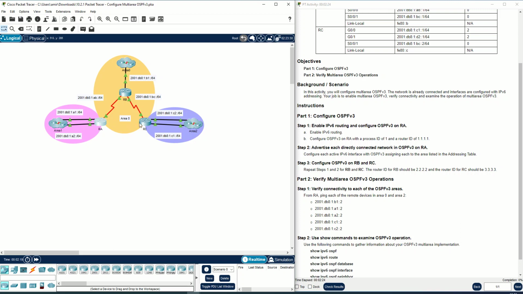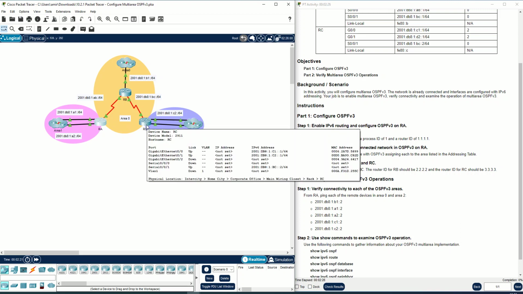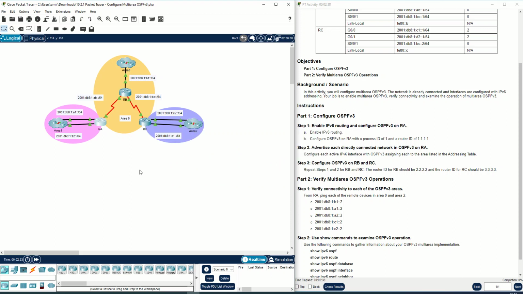RC is also an ABR. We also have another router type, the ASBR, a router that has a connection external to the internet. And some routers in area 0 are called backbone routers, like RB.